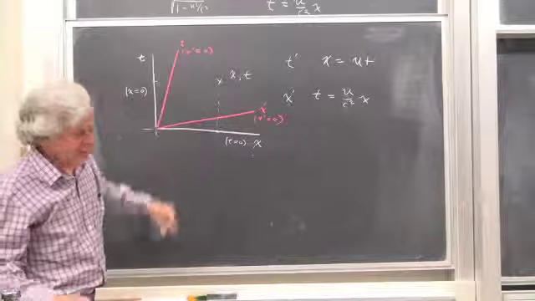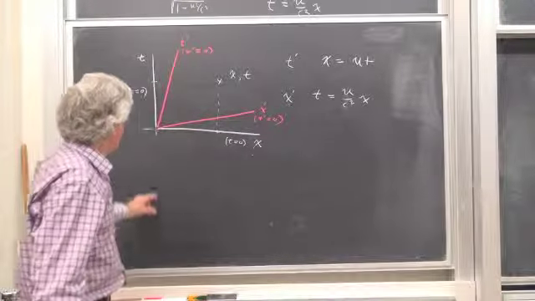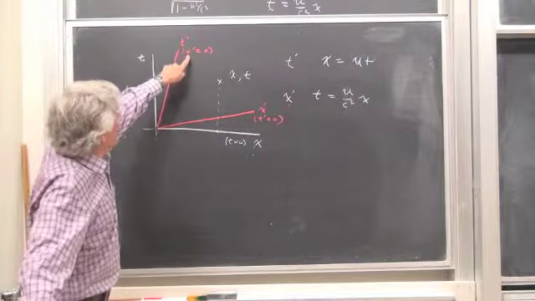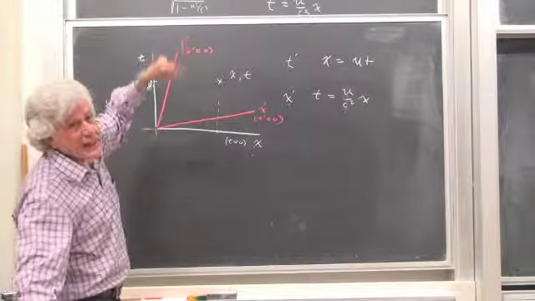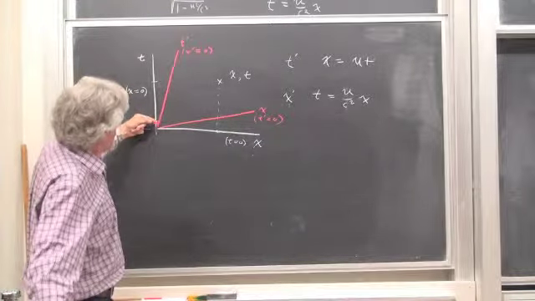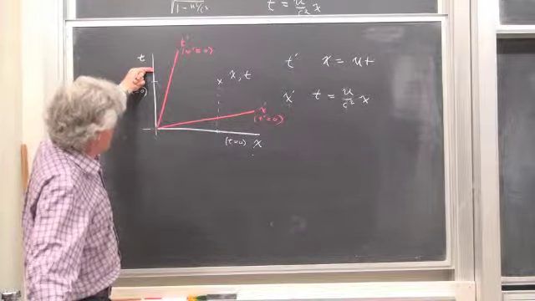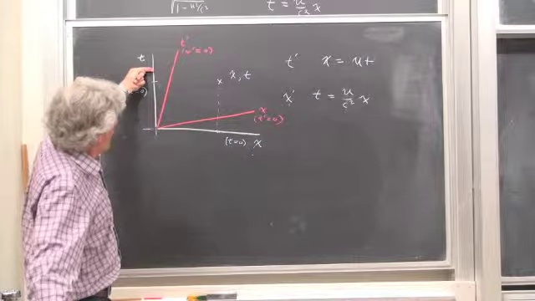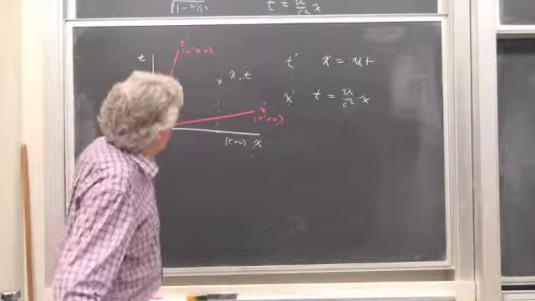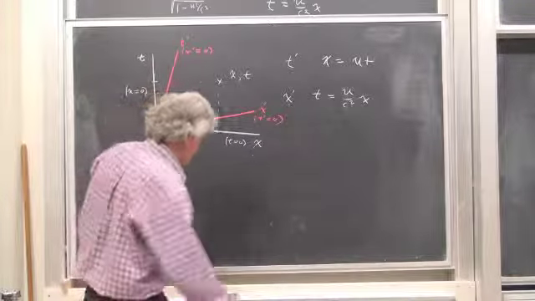The t prime axis is not terribly surprising. In other words, the point which the moving observer would call x prime equals 0 would be where he is located. And that would move along as time progresses for the stationary observer. This axis, however, the x prime axis, is relatively unexpected.